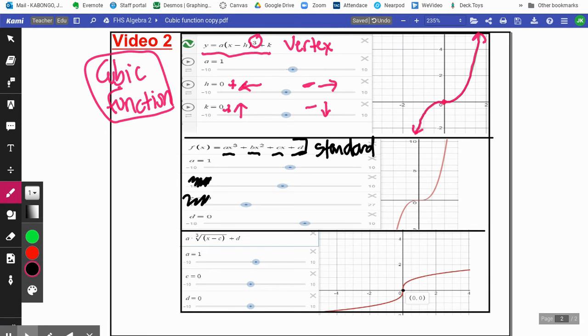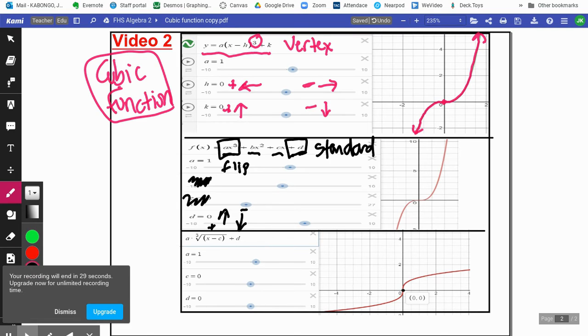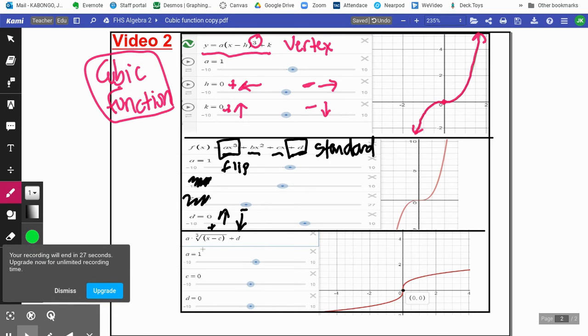So you're really going to focus on a and d, because a reverses it, flips it over the x-axis, and d just moves it up and down. Up plus, down minus. This one will just flip when it's negative. That's it.